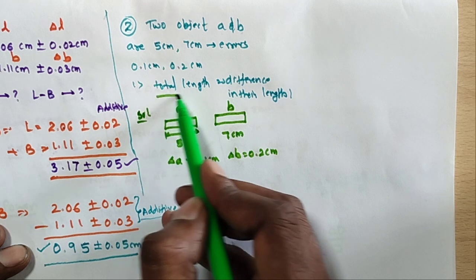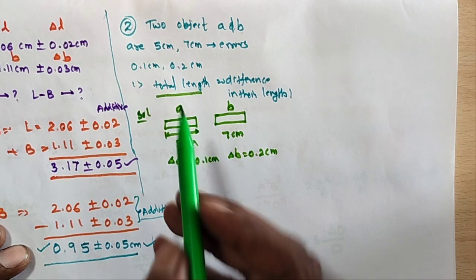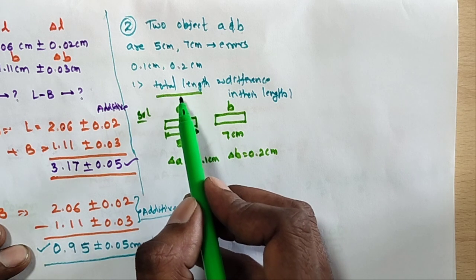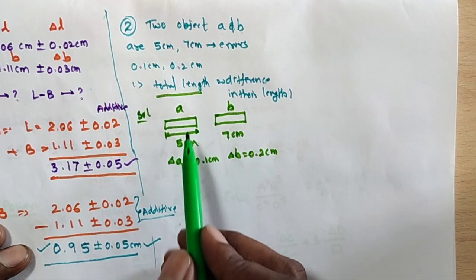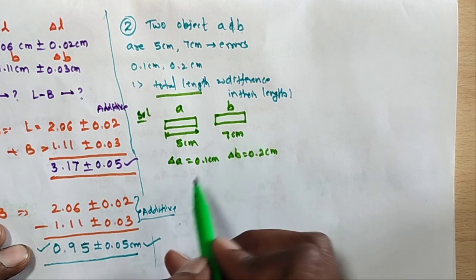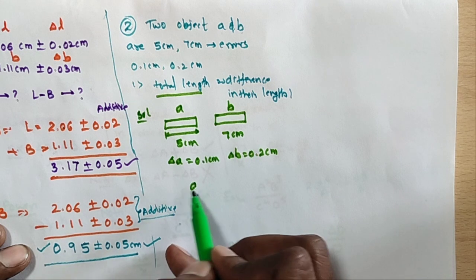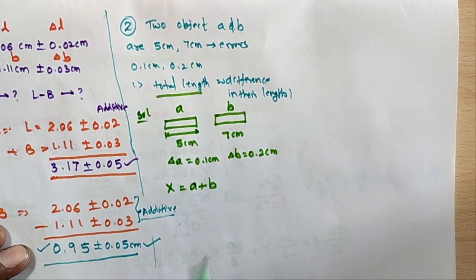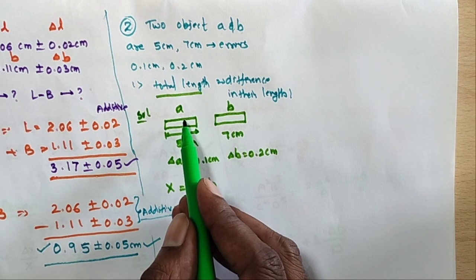First, what is the total length? You can determine the total length with errors. Total length means A plus B. I am taking x is equal to A plus B. It is asking for A plus B, but the errors are given.